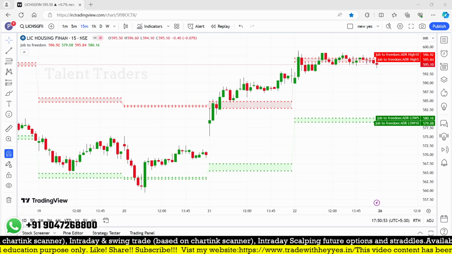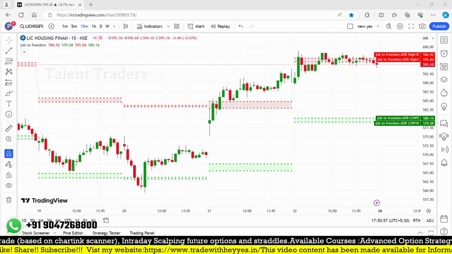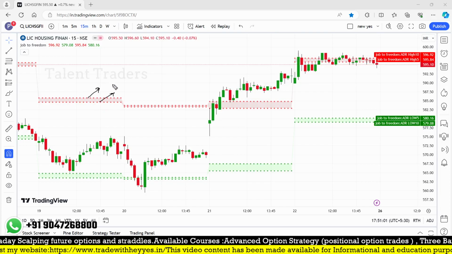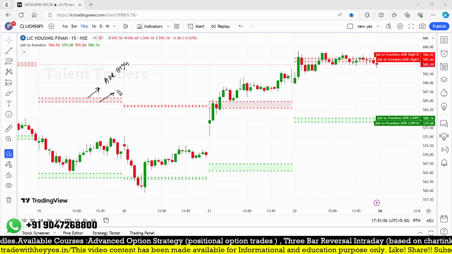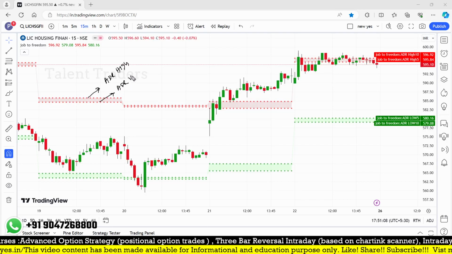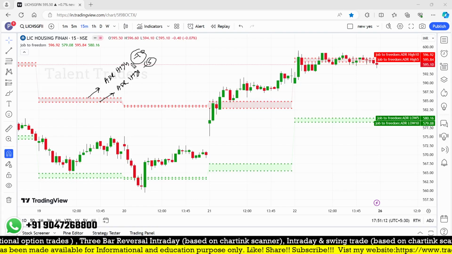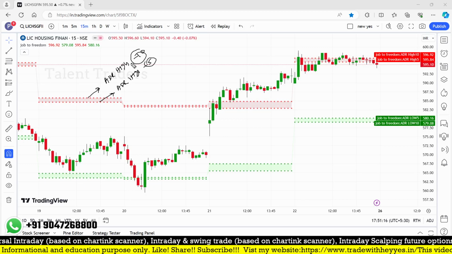Here there are two levels, on both sides. This is the upper level, the ADR higher level: ADR high, and this is also ADR high. Here we are using one with a 10 period and another with a 5 period. These are the two levels we are comparing.